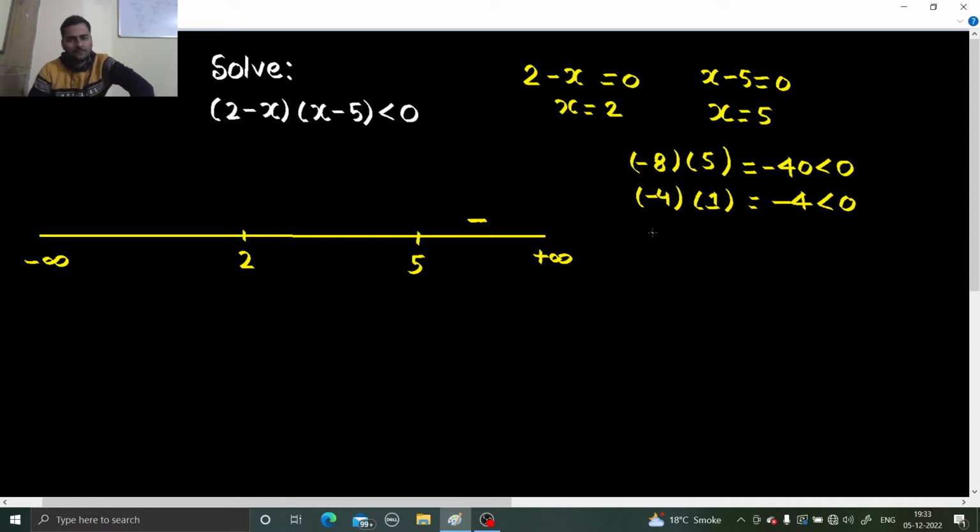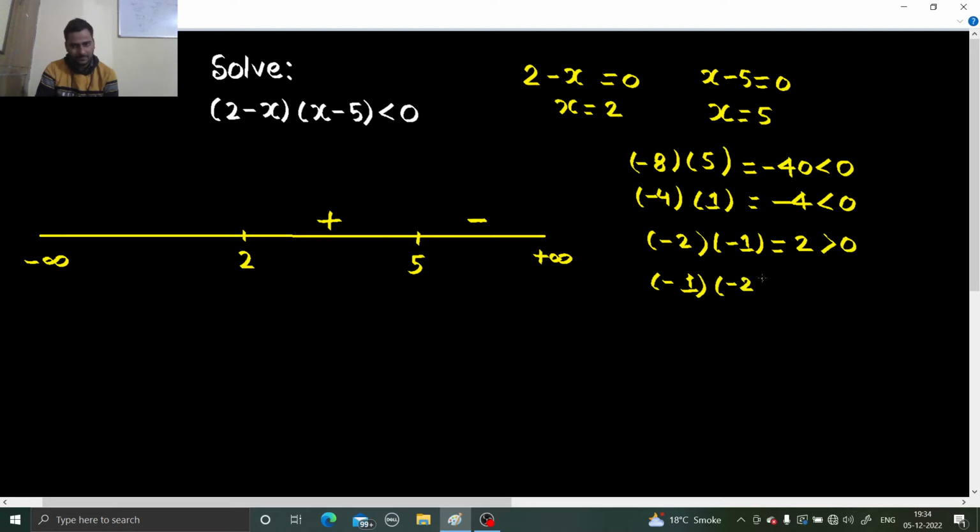So 2 minus 4 is minus 2, and 4 minus 5 is minus 1. This is giving you 2, which is strictly greater than 0, isn't it? So plus. You might take any other number, let's say 3. 2 minus 3 is minus 1, and 3 minus 5 is minus 2, giving you 2, which is again greater than 0. So plus is decided for that region.